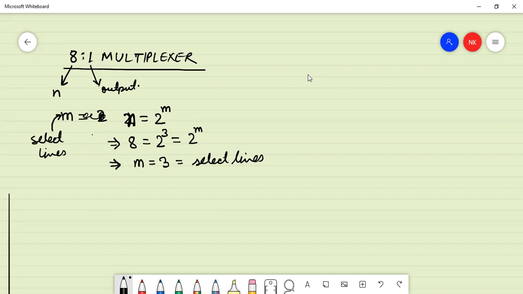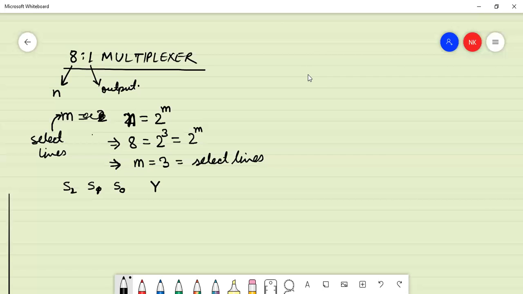Okay, so if we have 3 select lines, then obviously we have select lines S2, S1 and S0. Based upon the combination of these select lines, we will have the output.